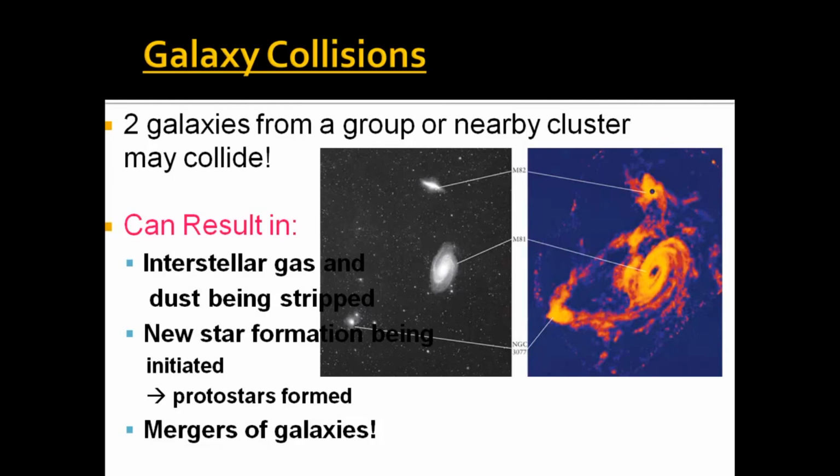What can result from this collision is that interstellar gas and dust can be stripped from the galaxies. This can cause new star formation to start in these colliding galaxies, meaning that protostars can actually form. And this is where we get a merging of galaxies. So two galaxies moving together can start more star formation and combine to form either one kind of weird galaxy or a large galaxy again.